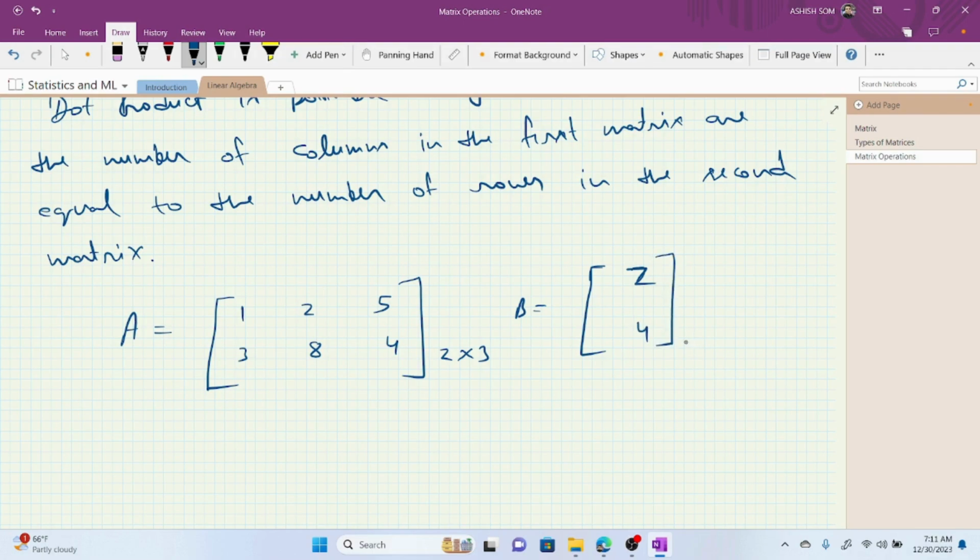This has 2 rows and one column. So if we see whether dot product is possible, the number of columns are 3 here and the number of rows are 2. So A dot B, this is how we represent the dot product, my friends, with the help of dot. A dot B is not possible here. Why is it not possible? Because the number of columns in the first matrix are not equal to the number of rows in the second matrix.